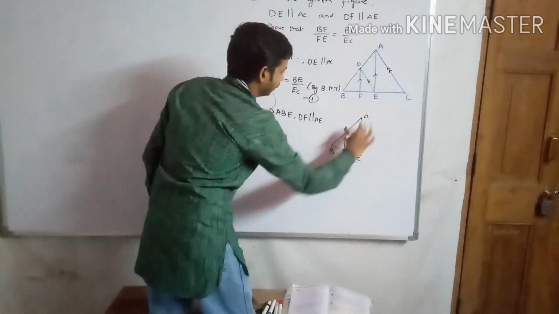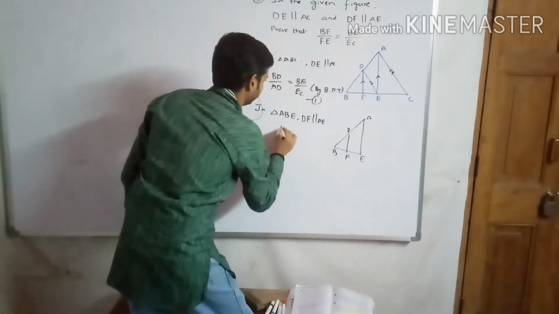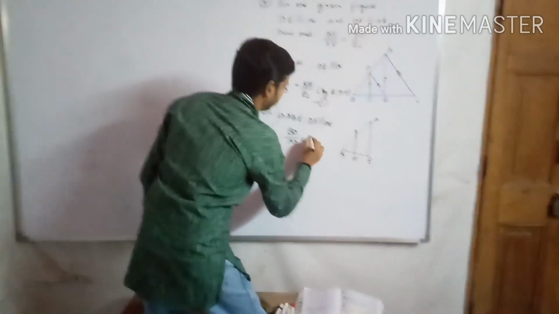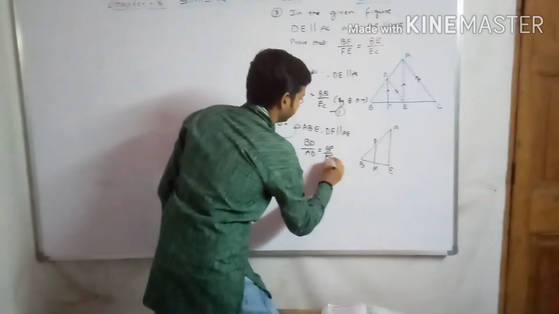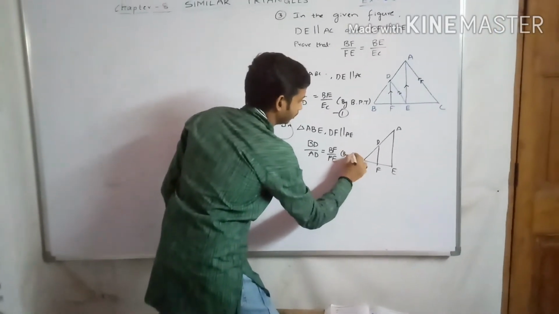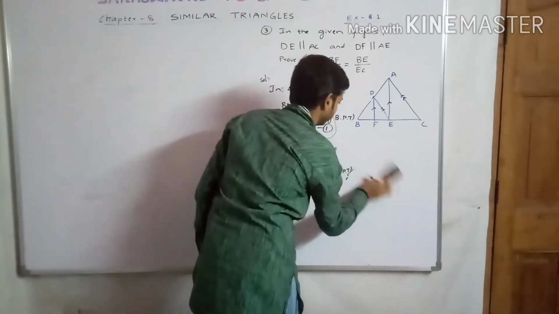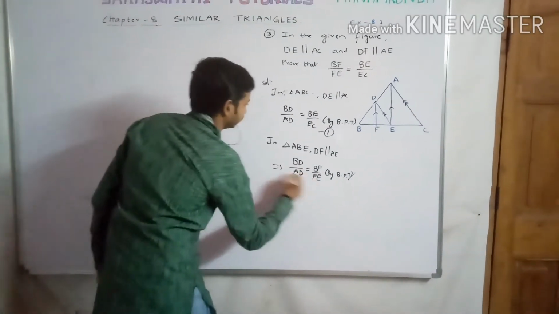That means BD by AD equals BF by FE, by the basic proportionality theorem. Then this is the second equation.